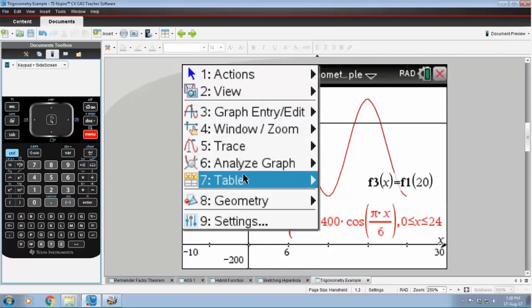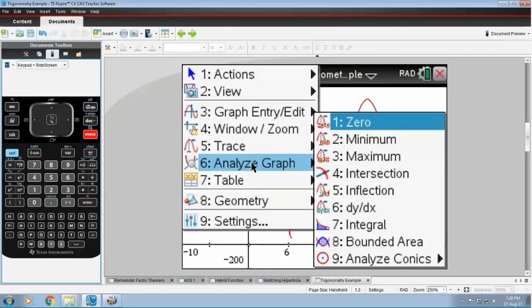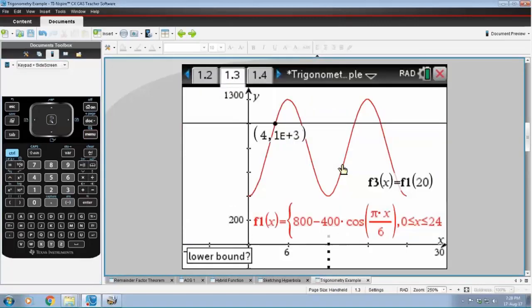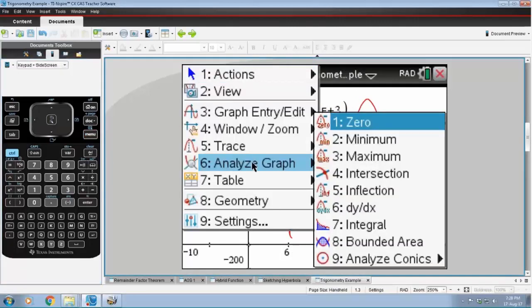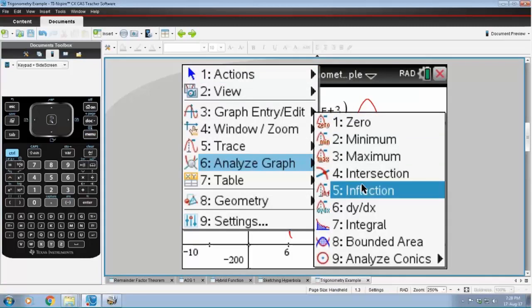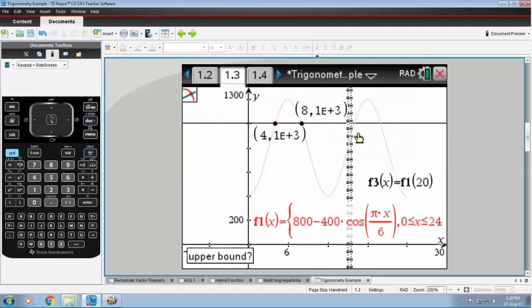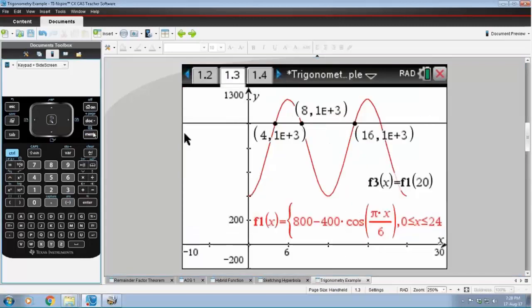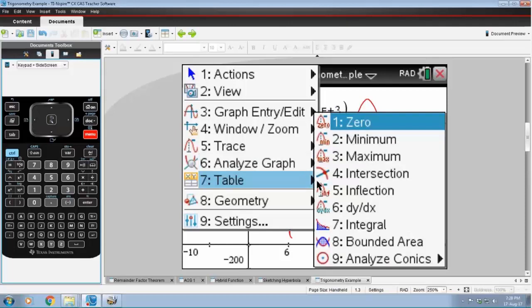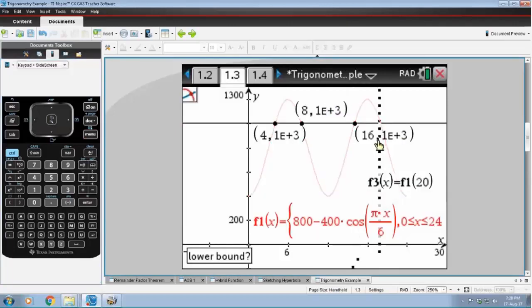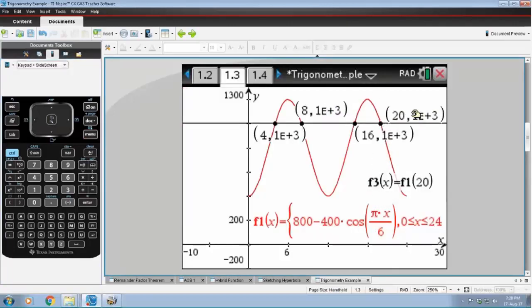Let's do that again. Menu, Analyze Graph, Intersection. So that's 8. Okay, we'll just repeat it one last time. Menu, Analyze Graph, Intersection, and move it out the way.